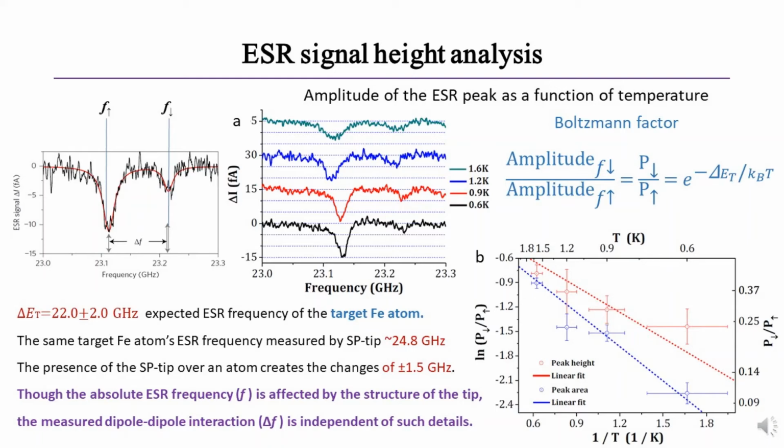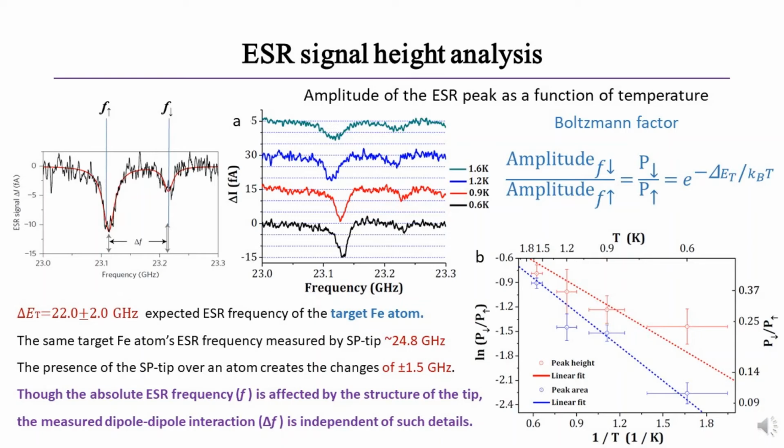We found that the higher frequency ESR peak has a smaller amplitude than the lower frequency one. So the authors studied the relative amplitude, either height or the area, of those two ESR peaks as a function of the sample temperature from 0.6 Kelvin to 1.6 Kelvin.